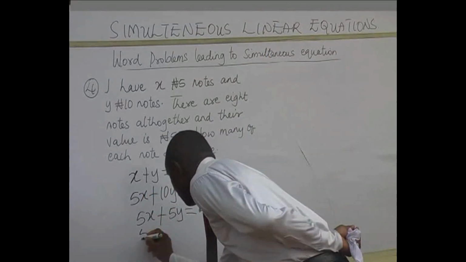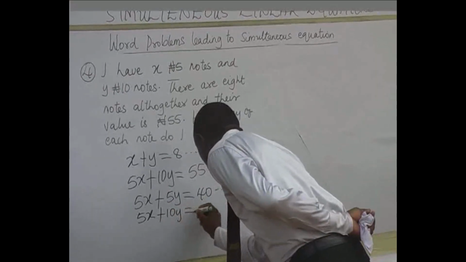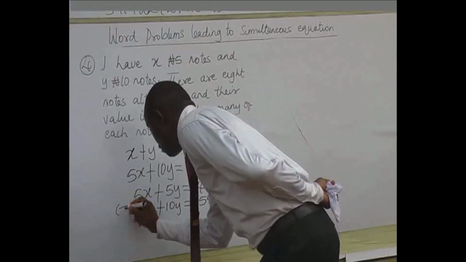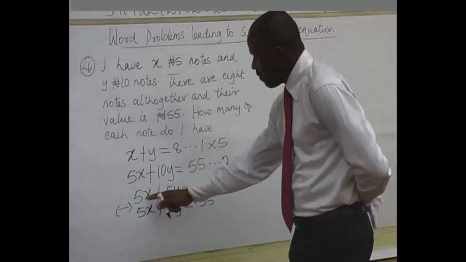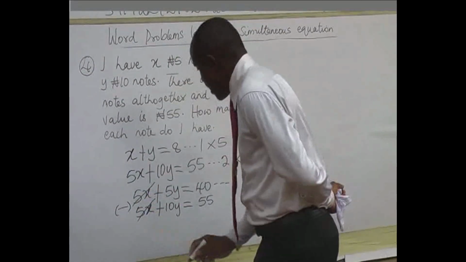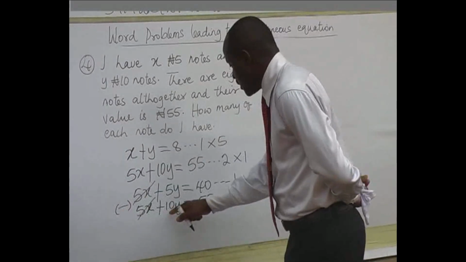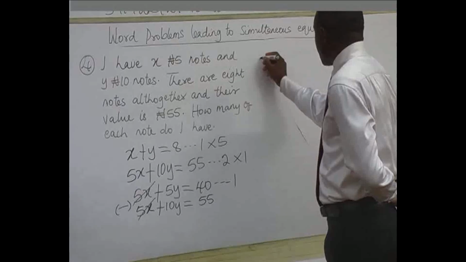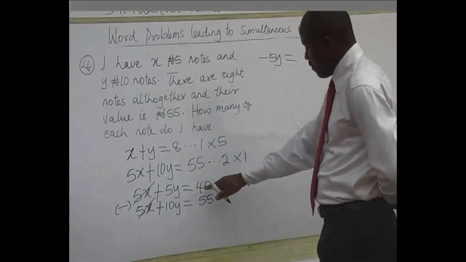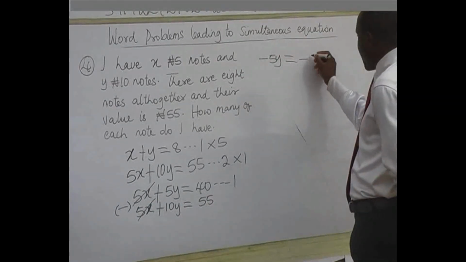Equation 2 is 5X plus 10Y is equal to 55. Now subtract equation 2 from equation 1. 5X minus 5X, they will cancel out. You now have 5Y minus 10Y, which will give you minus 5Y. It will now be equal to 40 minus 55, which is going to give you minus 15.